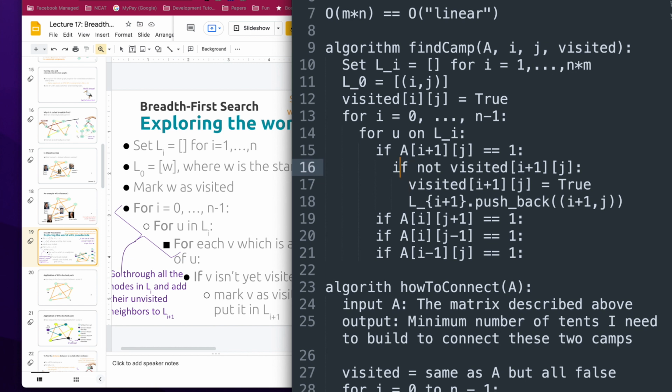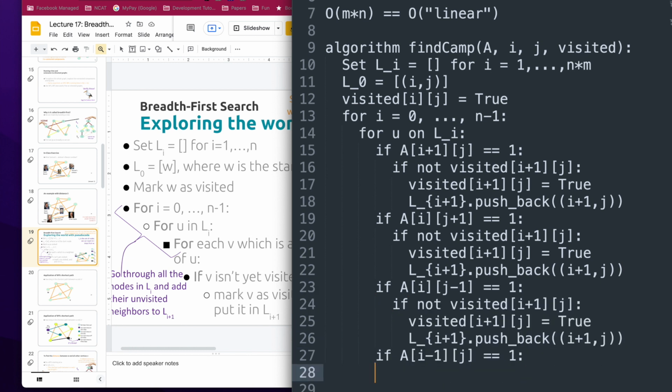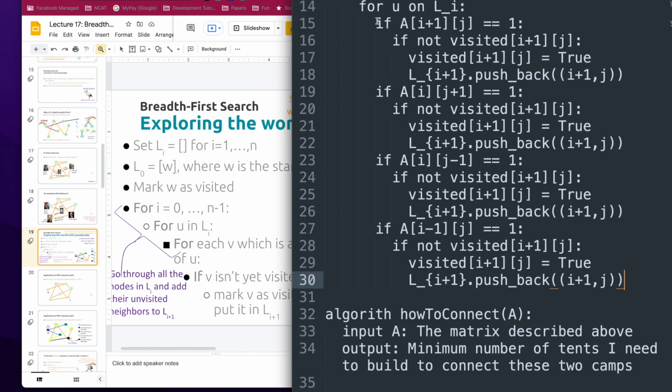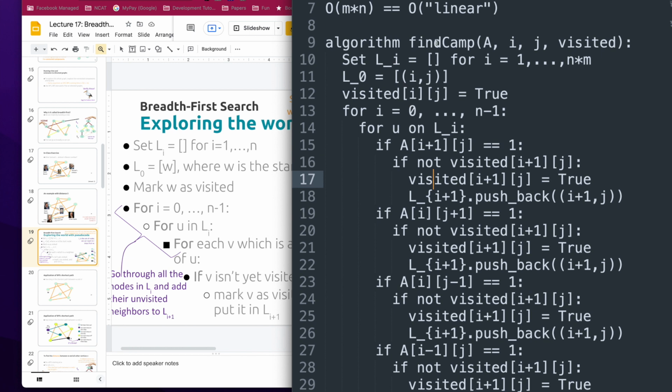And then you repeat this and you change some stuff for each of your cases, right? So assuming that works out correctly, this is sort of enough. But also what we want to do is we want to find the camp, and something that's going to be helpful for us is we're actually going to keep track of all the empty spaces next to the camp.